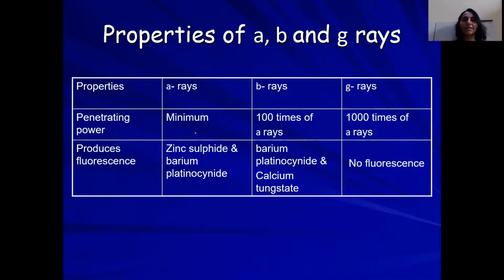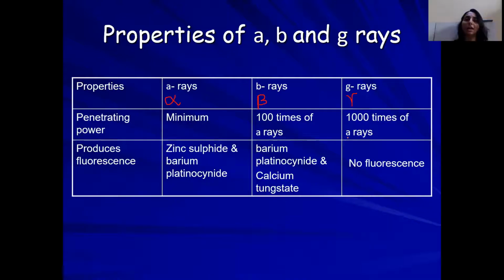that of alpha rays. Here the A, B and G are basically due to the font, but this one is alpha, this one is beta, and this one is gamma radiations. So beta rays have 100 times more penetrating power as compared to alpha particles, and gamma rays have 1000 times more.